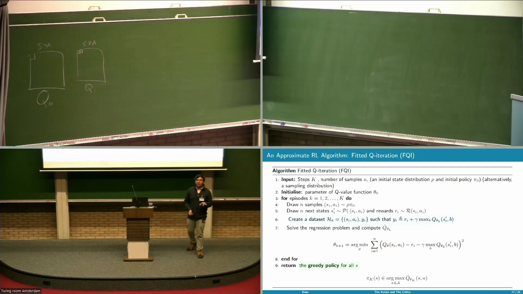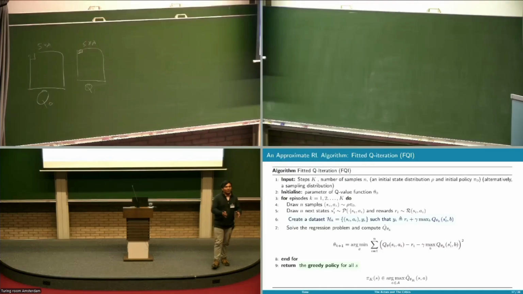But your regression problem was not on that data set. It was a bit more than that, creating these yi's. The yi's are ri plus gamma times the maximum of the q value, where I use the previous estimate of the q function to compute the maximum q value over actions for each s prime. This y and the s comma a together create your data set.